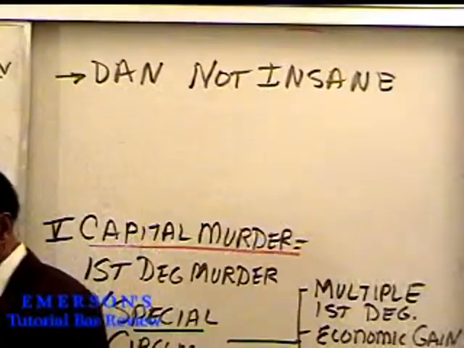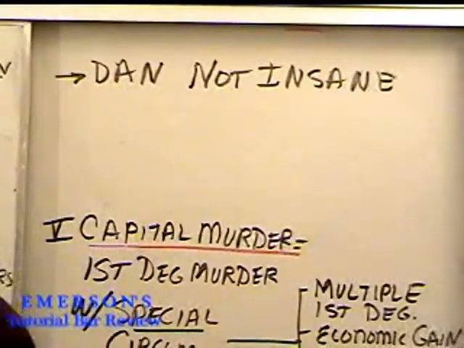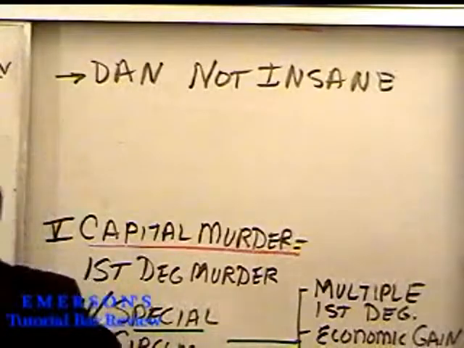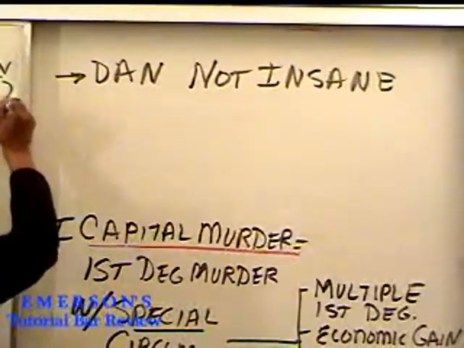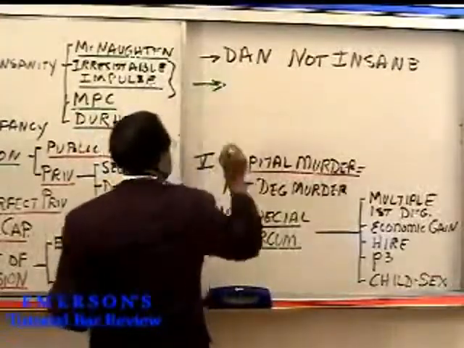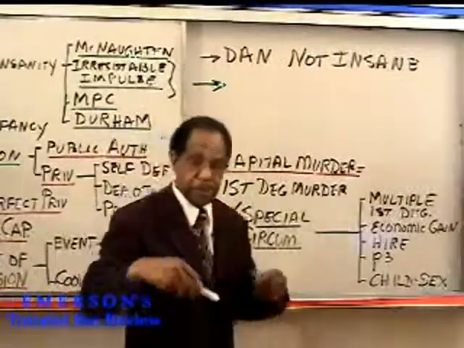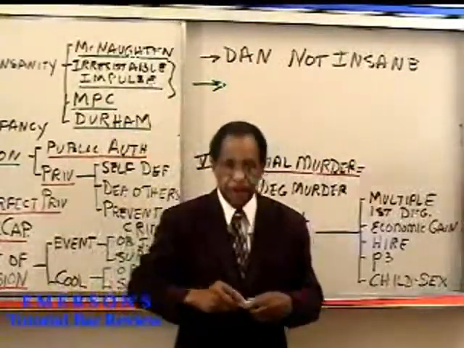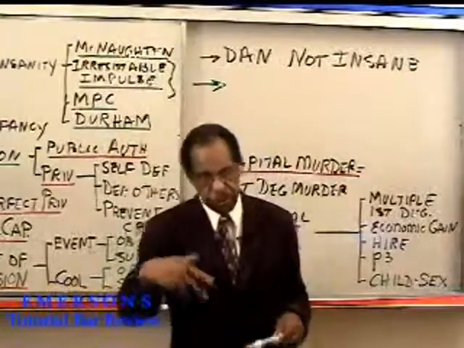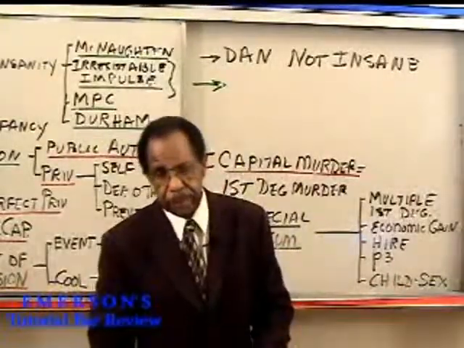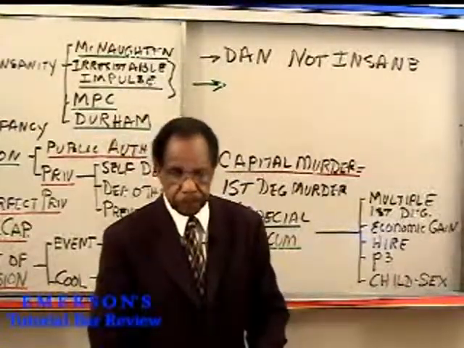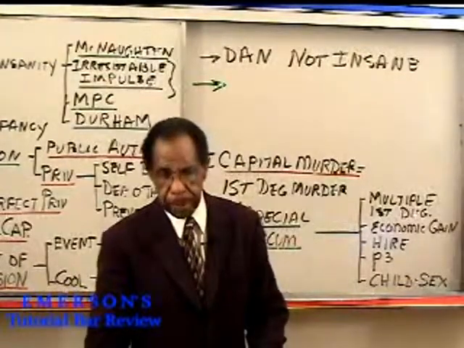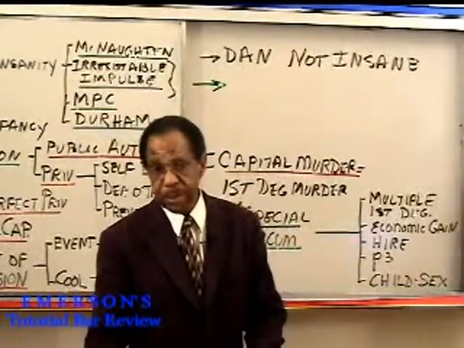Next, let's look at the irresistible impulse test. This might be a better test for them, don't you agree? So here is the irresistible impulse. Irresistible impulse says the person is crazy if they are unable to control their conduct. Now, that's the argument Dan is making.